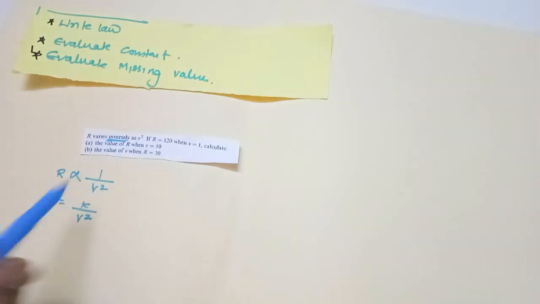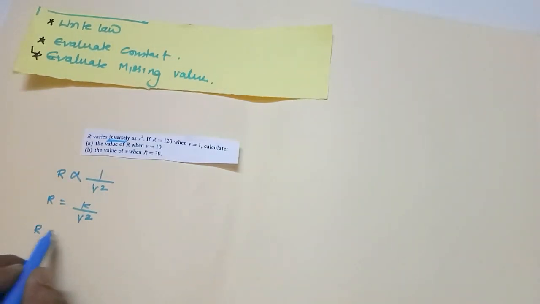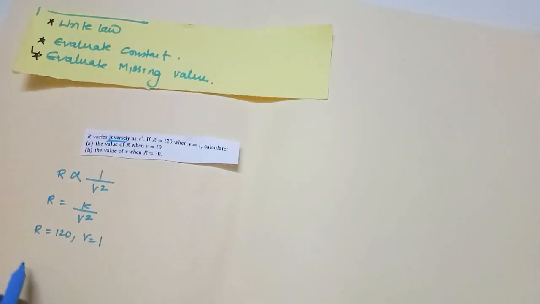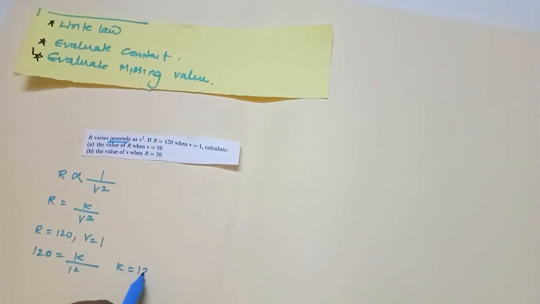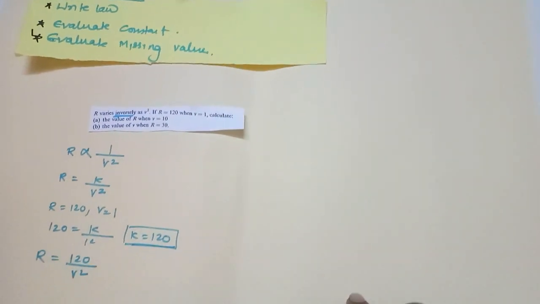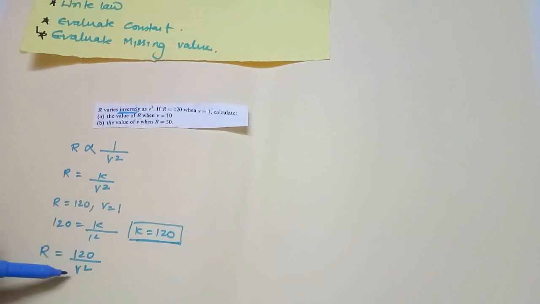When r is 120, v is 1, so 120 equals k times 1 squared. So k is 120. Now we put this in to get the proper law, which is r equals 120 over v squared.